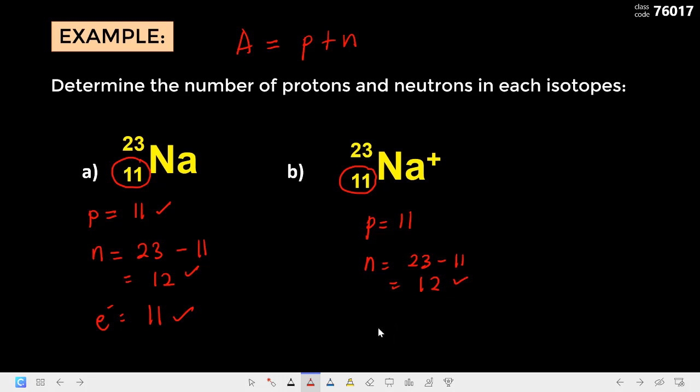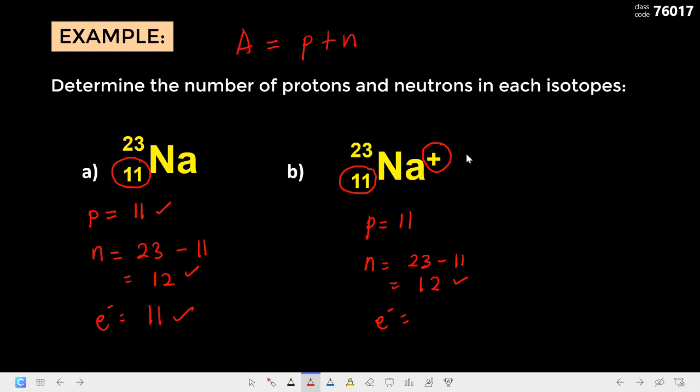Alright, and electrons. Okay, hati-hati dengan elektron untuk ions. Elektron ini dia mengelilingi nukleus, dia tidak berada dalam nukleus. Jadinya sekarang kalau dia neutral atom tak ada masalah, bilangan proton sama dengan bilangan elektron. But for ions, okay, since this is a positive ion, maksudnya dia telah donate satu elektron.